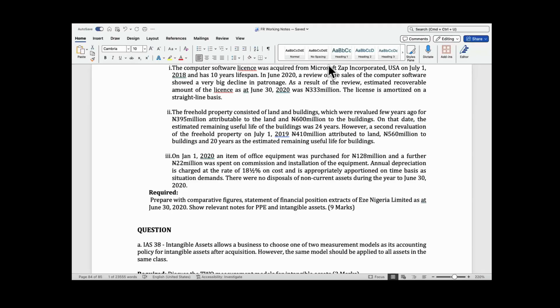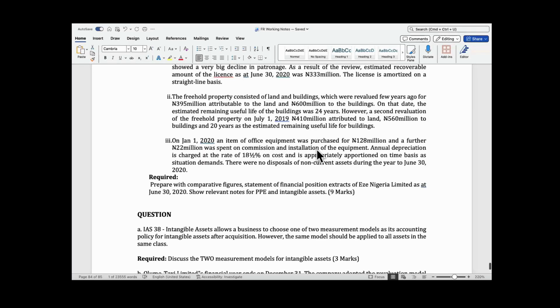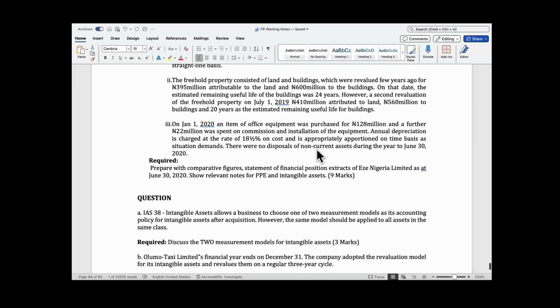Annual depreciation is charged at the rate of 18 and one third percent on the cost, and is appropriately apportioned on time basis as situation demands. There were no disposals of non-current assets during the year to June 30th, 2020. Prepare the comparative figure statement of financial position extract of AZ Nigeria Limited as at June 30th, 2020. Show relevant notes for PPE and intangible assets. 9 marks.